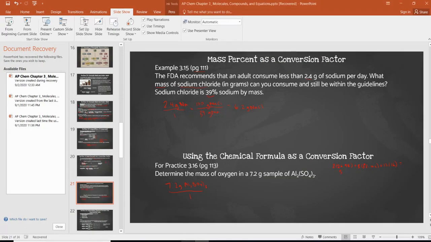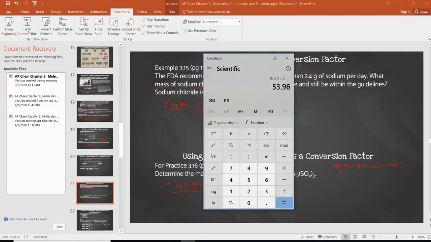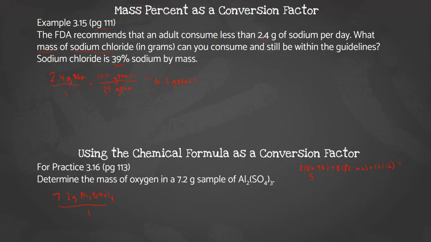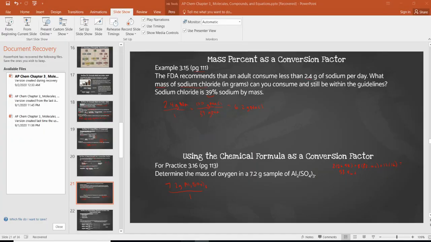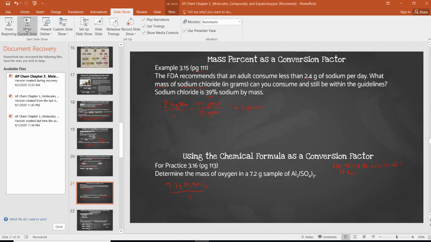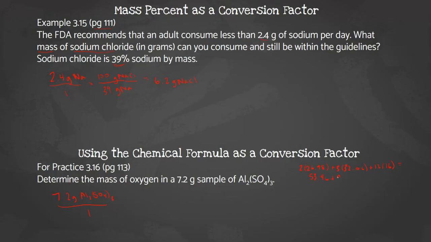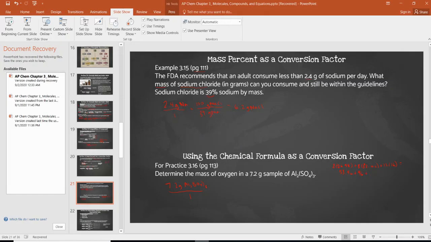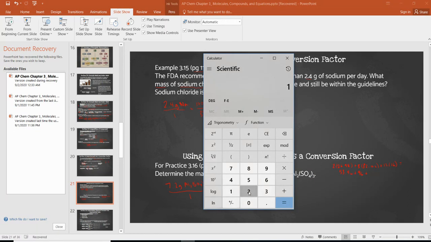I forgot the number, guys. 53.96, plus 3 times 32, which is 96, and 12 times 16, which is 192.